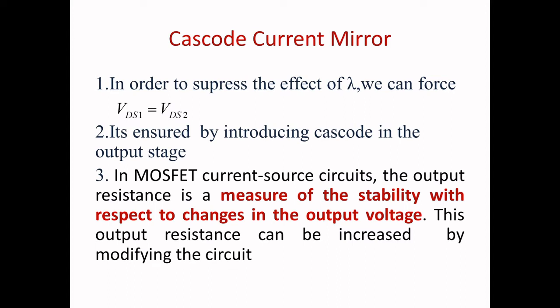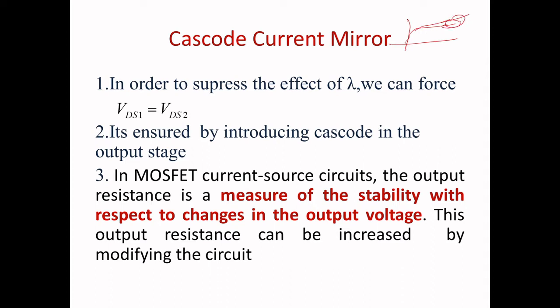The next topic is the cascoded current mirror. Already I said the task is clear: there is a change in ID with respect to VDS. Obviously we have channel length modulation, so it will be larger.